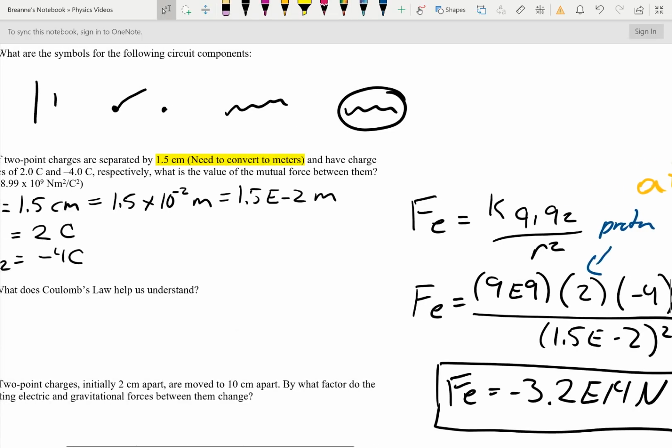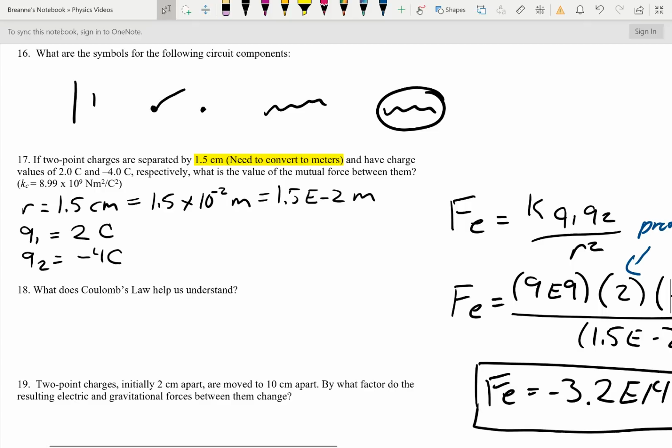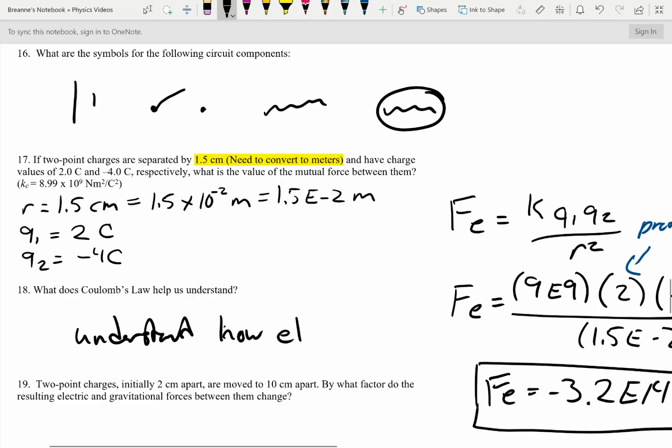So basically, Coulomb's law shows the relationship of electrons, it helps us better understand how electrons move.